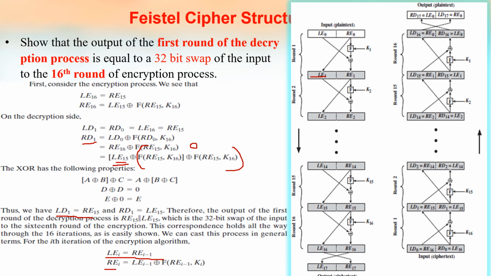Similarly, REi equals LEi minus 1 XOR F of REi minus 1, comma Ki. So this is one general formula for these operations.